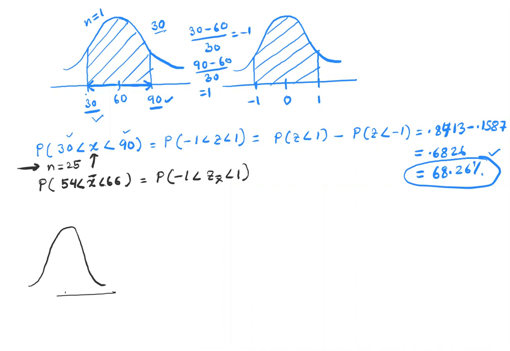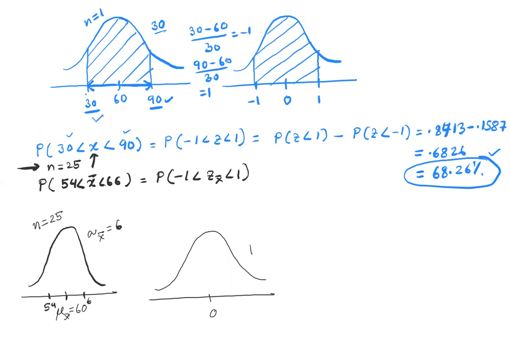This is your sampling distribution with sample size n equal to 25, and this is your mu sub X bar equal to 60, and sigma sub X bar is equal to 6. Now we are going to translate or map this into Z sub X bar 0 and 1, and 54 is here and 66 is here, and we are looking for this middle area.